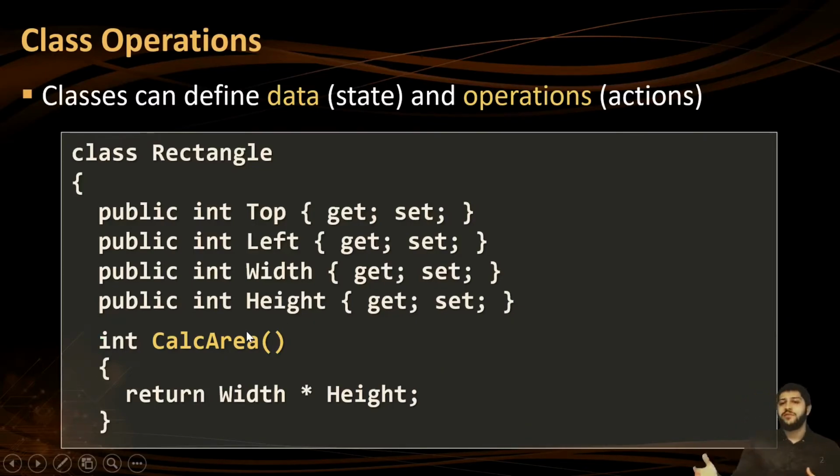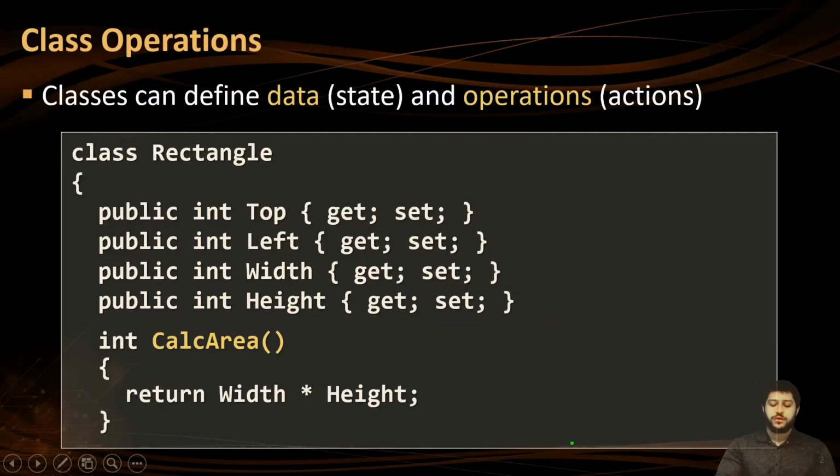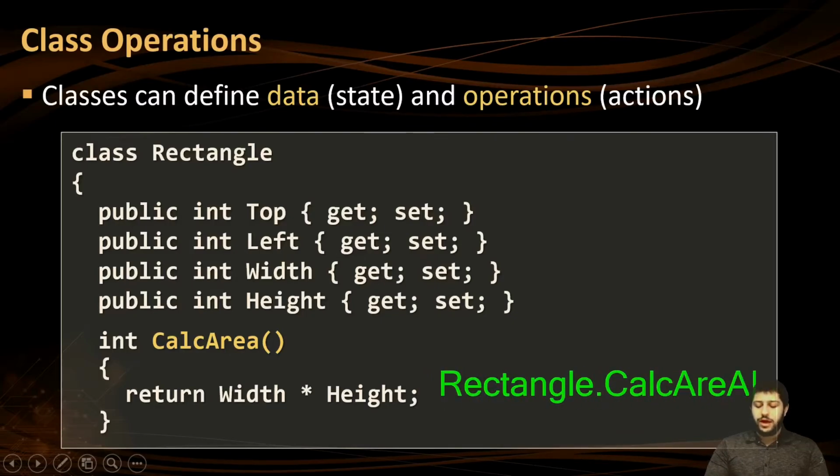And by the way, this is a completely fine thing to do. You can have a static member or static method which calculates the area of a particular rectangle. But it is a little bit more confusing because you need to supply all the required data, width and height. You need to have something like rectangle calc area and pass the 2 integers, 1 and 2.